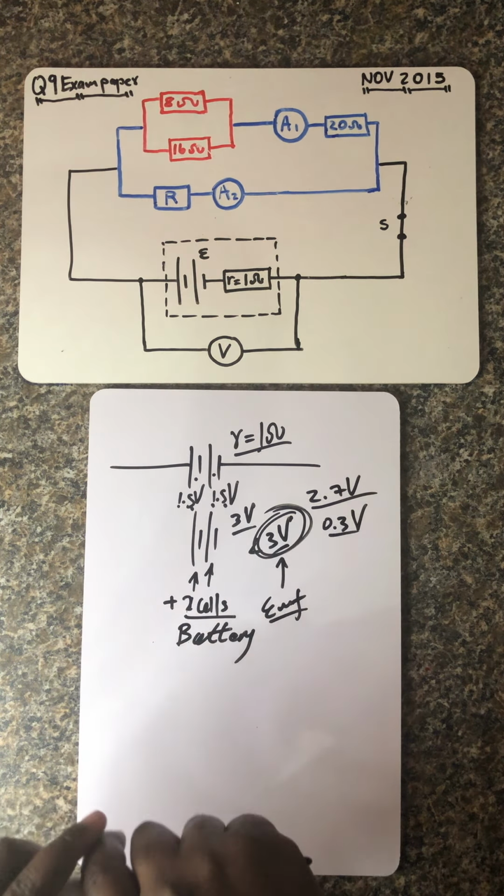Okay, so guys, the other thing that I want to talk about is the voltmeter and the ammeter. So those are the devices. A voltmeter is used to measure the voltage. So in this case, they've connected a voltmeter across the battery.